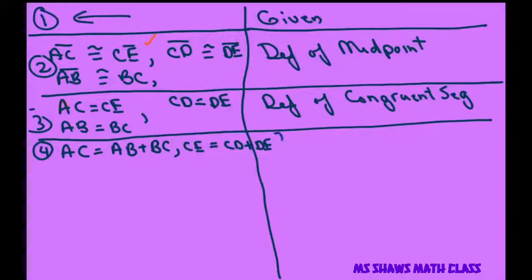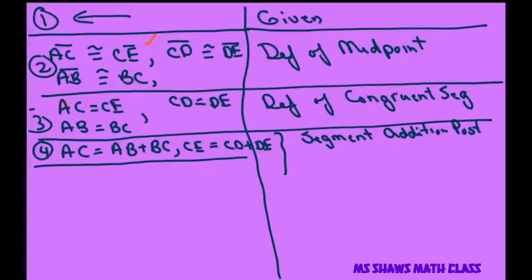And that is the segment addition postulate. And then the next one is 5.